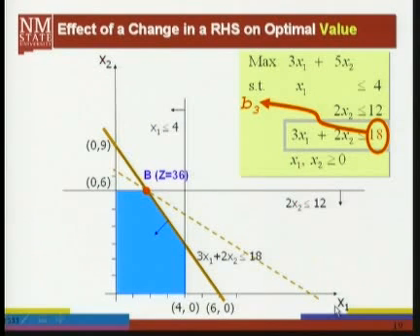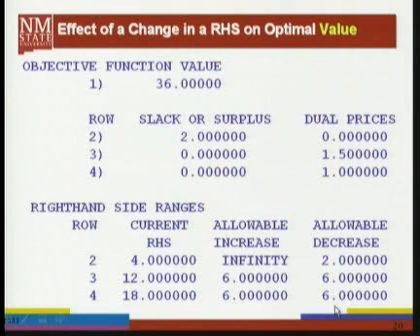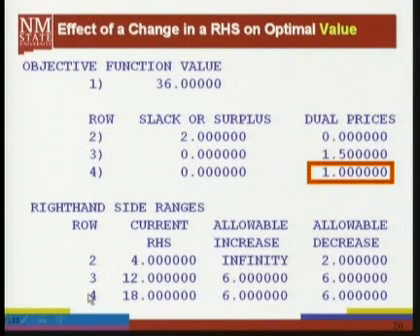I said currently B3 is 18, right? So if we increase the right-hand side value of B3 by 1 unit, that is, if B3 is increased to 19, what happened? The objective function value will be increased by this much, the dual price. Is that right?